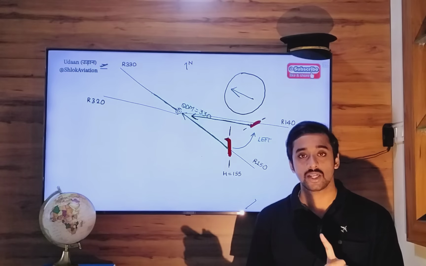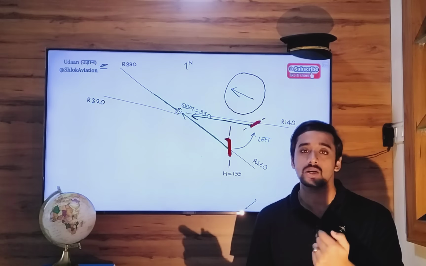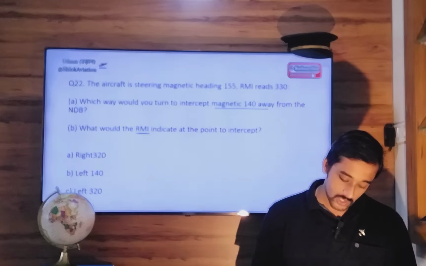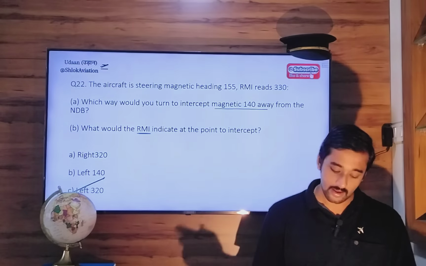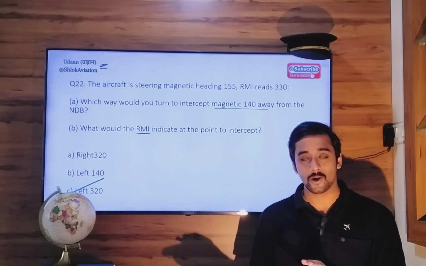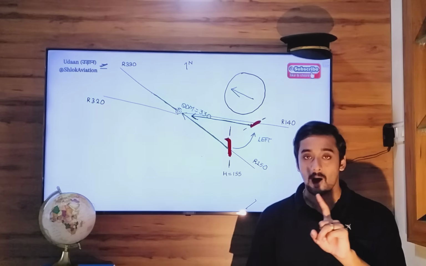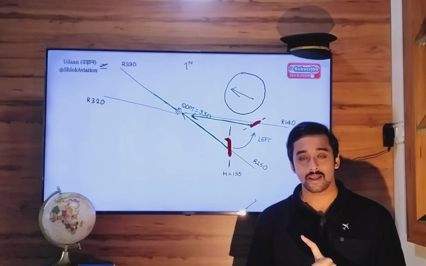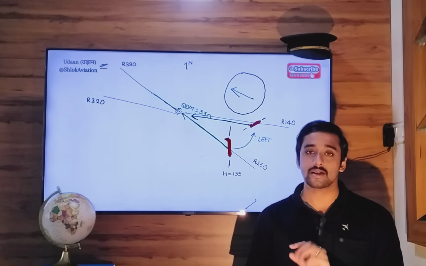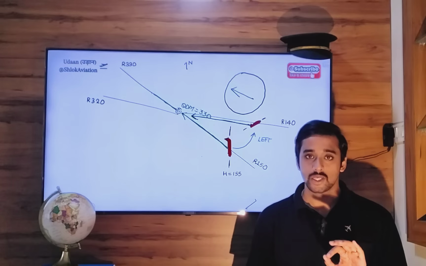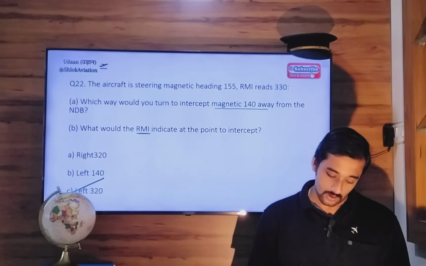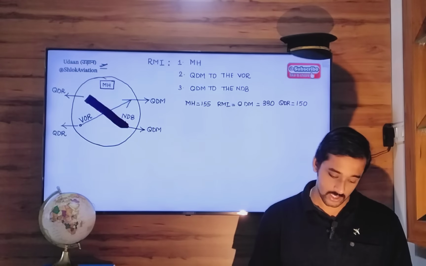That is, this direction is nothing but the track that you will fly towards the NDB station. So the correct option here is option Charlie. First, you will have to make a left turn in order to intercept a track of 140 outbound. After making a left turn, whenever you intercept that track, the QDM will be 320. Okay. So option Charlie is the correct option.